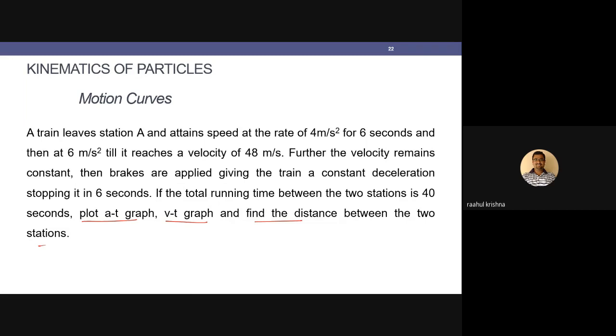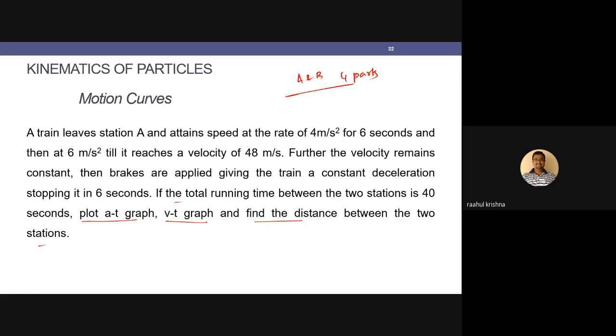So firstly, the train. Now I have to split my entire motion between stations A and B into four parts. In the first part, I want you to go through this question very carefully.